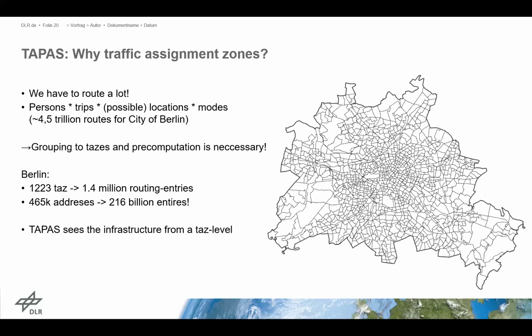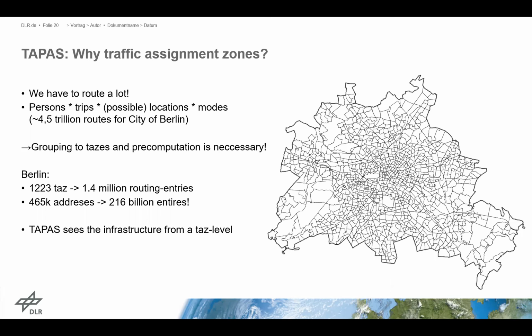So you need to do some grouping of traffic assignment zones, we call them TATS, to simplify the whole thing. To give you an idea what this means, if you look at the 1,223 TATS on the right, you have a little bit more than 1.4 million routing entries if you are pre-routing the whole system.